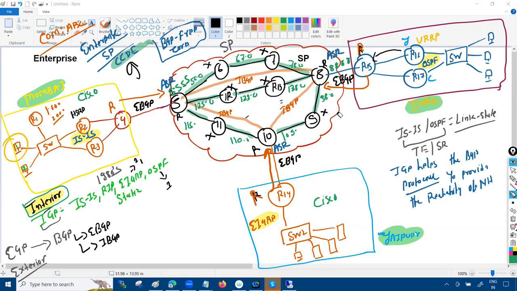So both the BGP protocol and the IGP protocol are required in the service provider. Can you see that we are running eBGP between the customer and service provider, and between the PE routers we are running the IBGP protocol just to exchange the routes, so that R6, R7, R12, R13, R11, R9 do not have to maintain the customer routes.